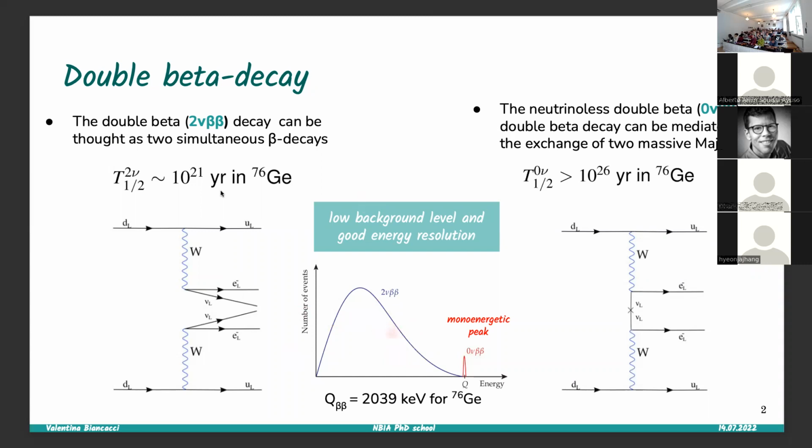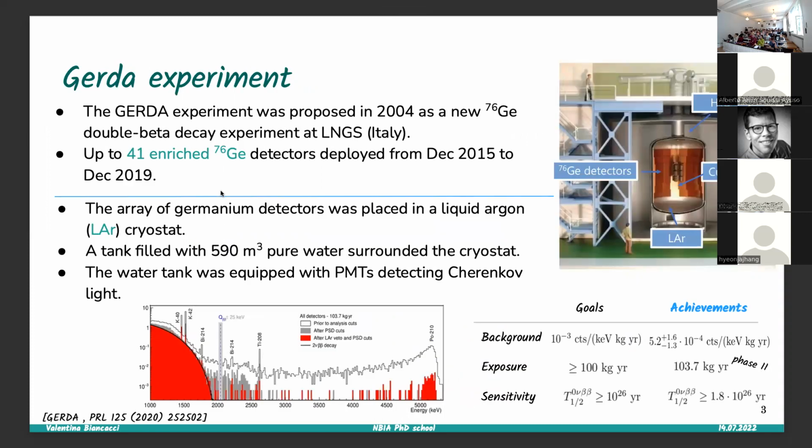Just looking at this plot, we can understand that we need a very good energy resolution in order to discriminate the signal from this kind of background, and also a very low background level, because neutrinoless double beta decay is very rare. GERDA was one of the experiments able to achieve these characteristics.